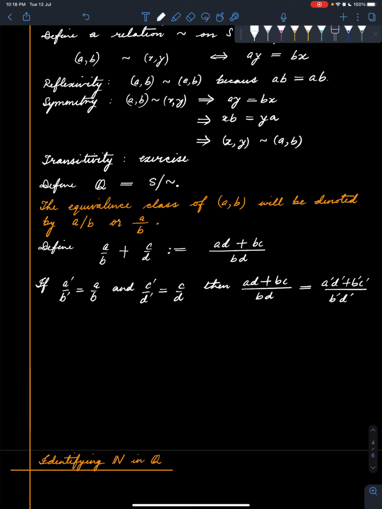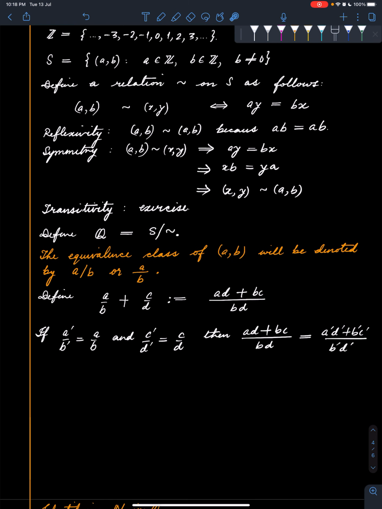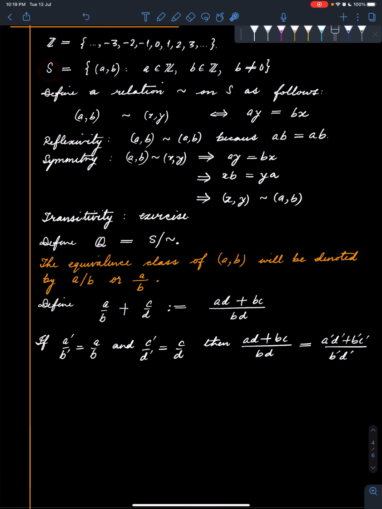This is a routine check, but let me emphasize why we need to do this. Because this is not a single element. This is a collection of elements of this set. So if somebody chooses a different (A prime, B prime) in the same equivalence class as (A, B), then that person would get something else written here. He would see A prime B prime instead of what we see right now.